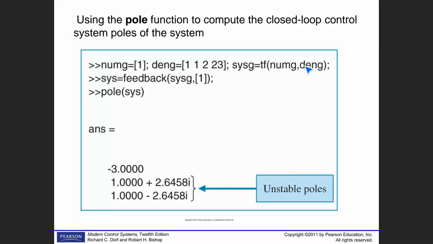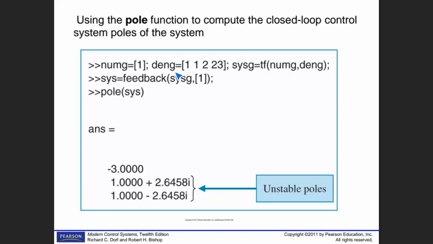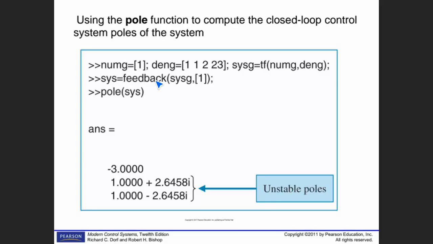Şimdi mesela, if you want, you can see step numden. If you write step numden, you can draw the step response. Or if you write impulse numden, then you can get the impulse response. However, here we are now looking for the poles.